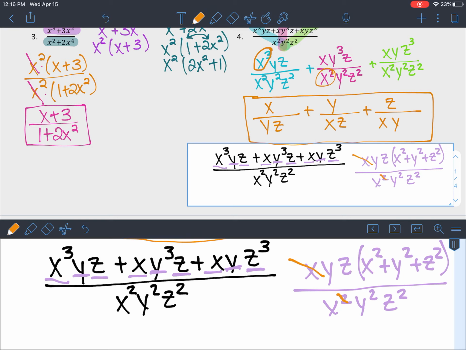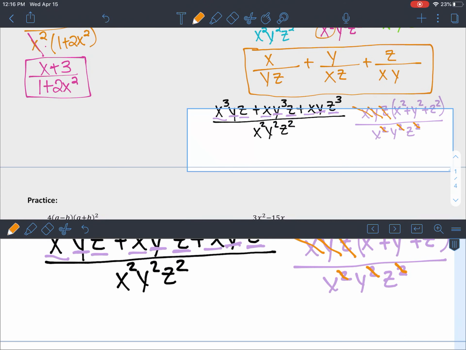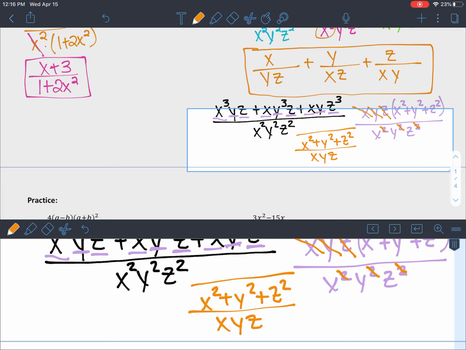So I can take away the x, and I'm just left with 1x on the bottom. I can take away the y, and I'm left with 1y on the bottom. And I can take away the z, and I'm left with 1z on the bottom. So my final answer there then would be x squared plus y squared plus z squared over xyz.